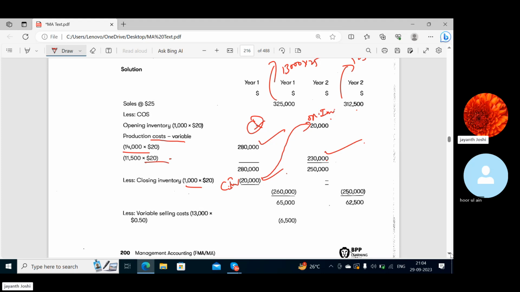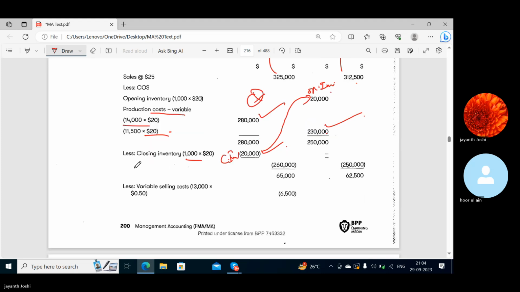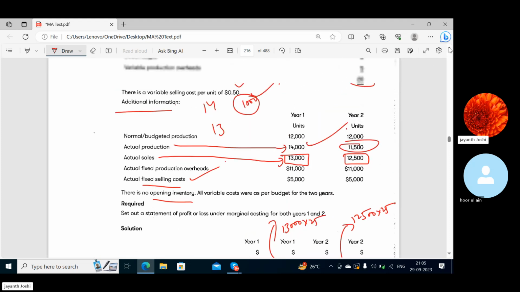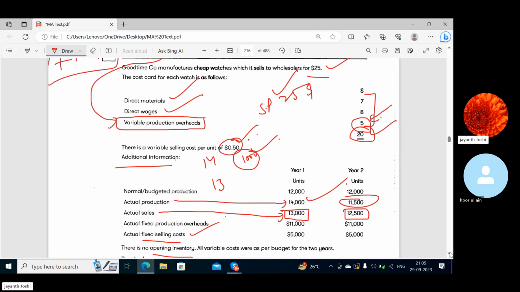Okay. And as per marginal costing, as we have calculated earlier, we then remove the variable selling cost. So 13,000 units we have sold into 0.50, and 12,500 into 0.50.